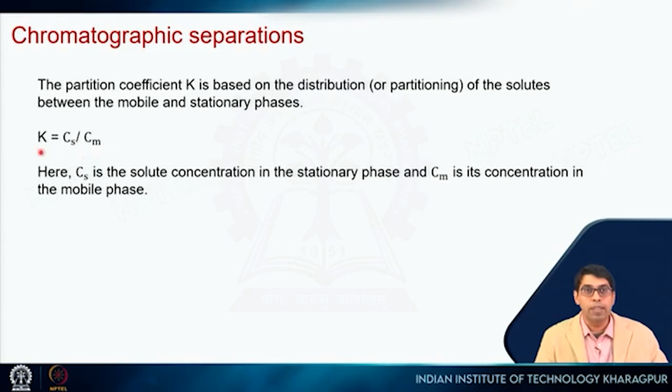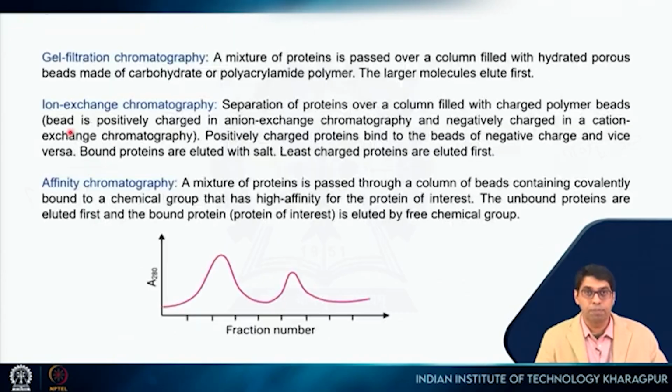So, K is defined as Cs over Cm, where Cs is the solute concentration in the stationary phase, so this S stands for stationary phase, and Cm is the concentration of the solute in the mobile phase, so this M stands for mobile phase. You take the ratio of these two and you get your partition coefficient.